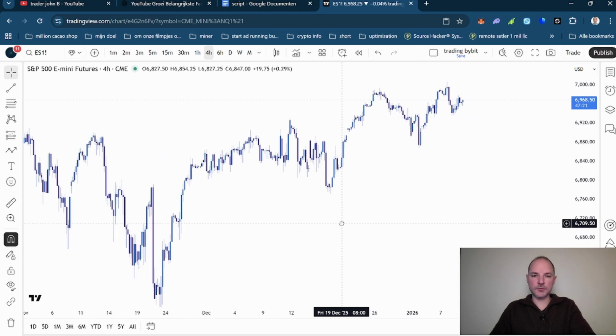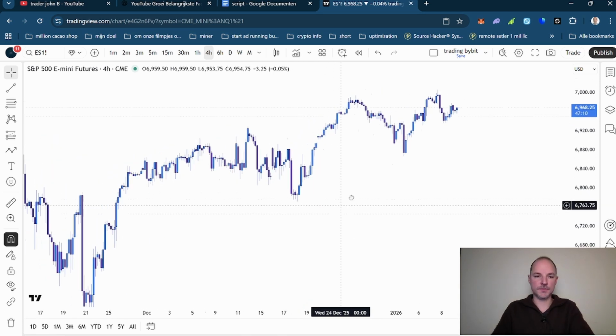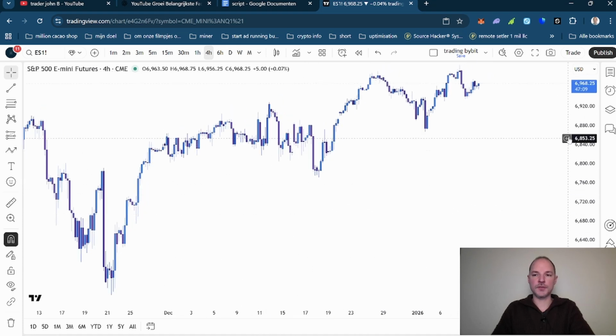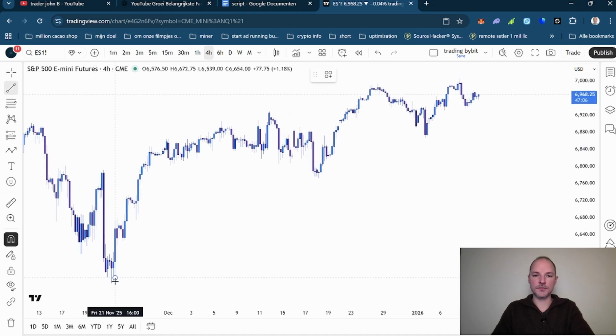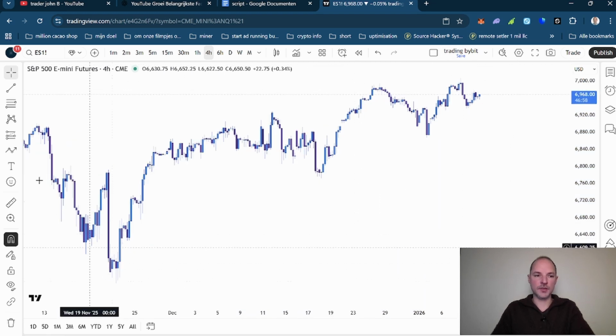Okay, so let's go into a higher time frame and spot immediately where the higher highs and the higher lows are, so that you actually know what the context of the market is. We can see that this market is in a bullish trend, so with any upwards movement we know that we are creating higher highs and higher lows.